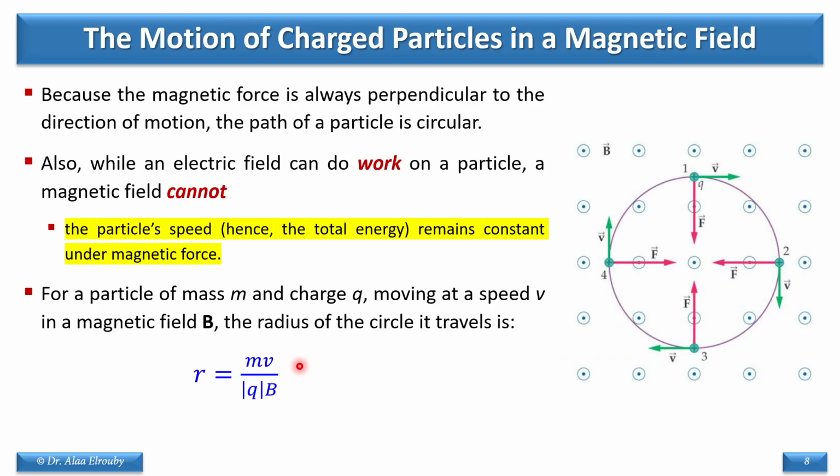So here, because the magnetic force is always perpendicular to the direction of motion, the path of the particle is circular. So let us assume we start at position 1 here. We have a magnetic field that's going out of the screen, and we have a charge that is moving along this direction. At the beginning of observation, the positive charge is moving in this direction.